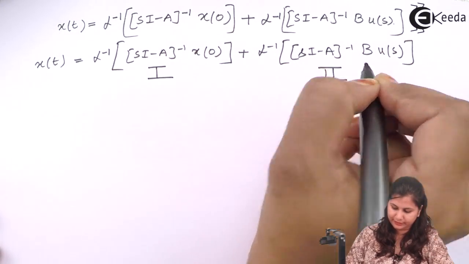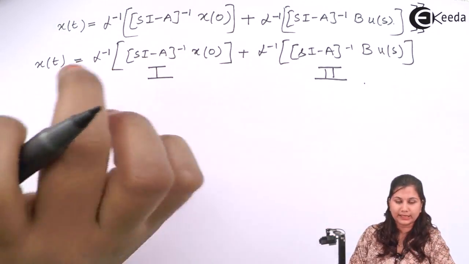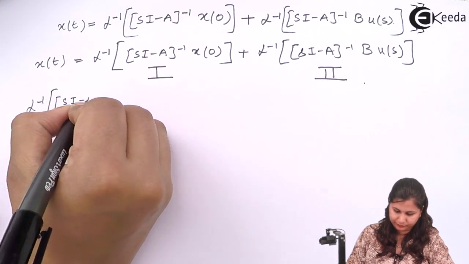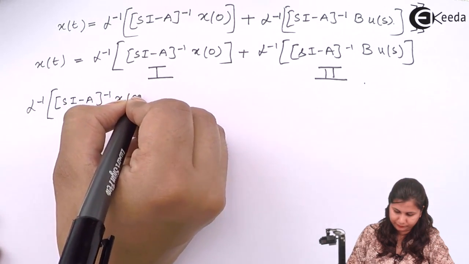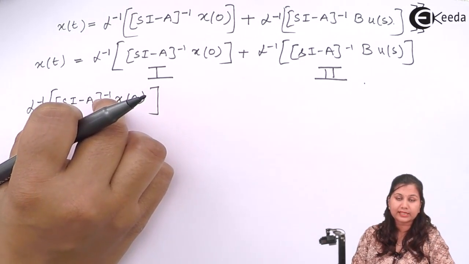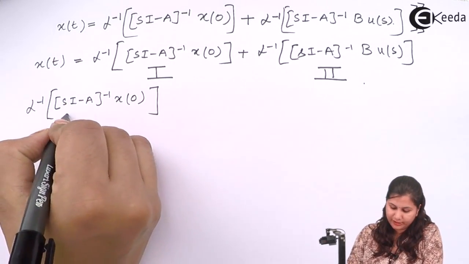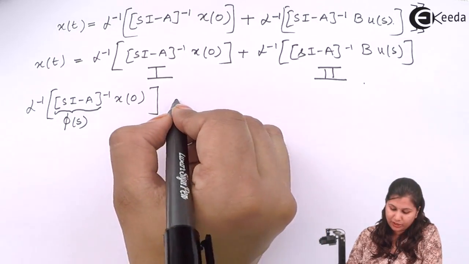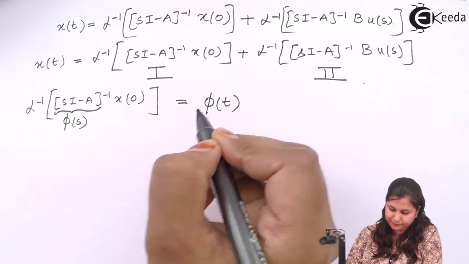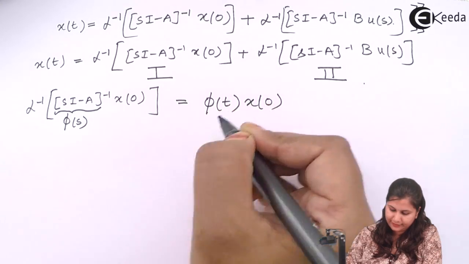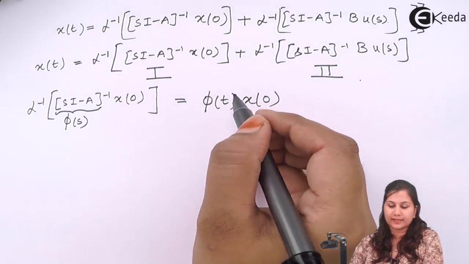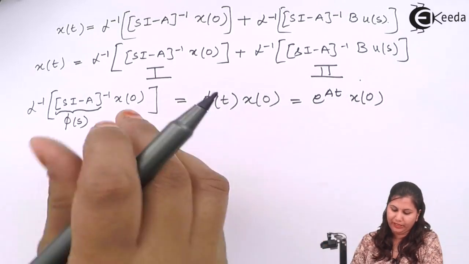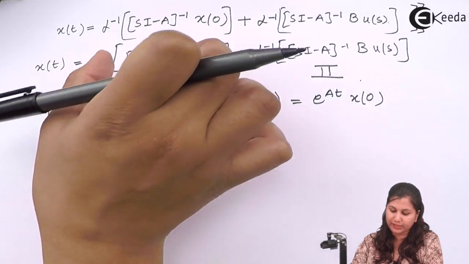First we will calculate this inverse Laplace transform. Now the inverse Laplace transform of (sI minus A) inverse, this is what our state transition matrix Phi(s), and the inverse Laplace transform of Phi(s) is what? Phi(t), and x(0) is as it is. Now we know that this Phi(t) is e raised to the power At, times x(0). So we have obtained the inverse Laplace transform of this first part.